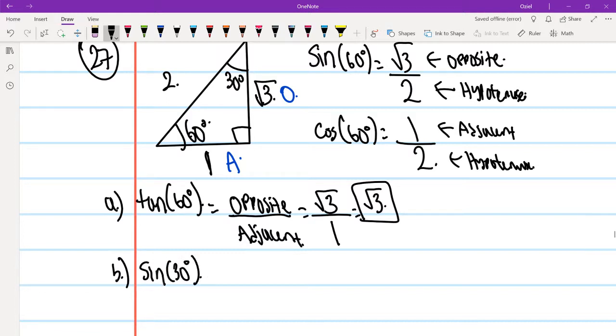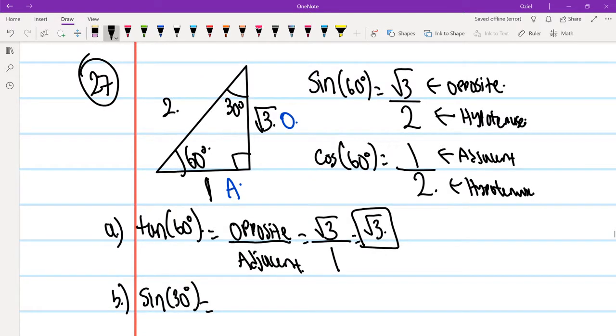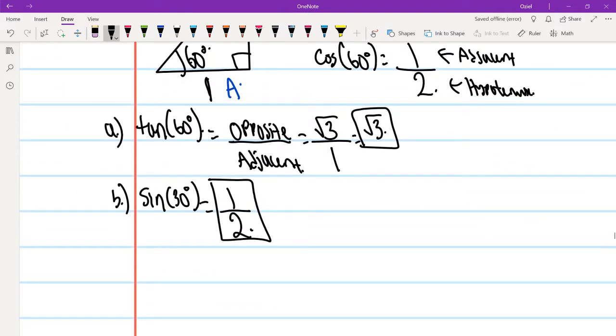So you would look at your triangle again, and you would say it would be opposite over hypotenuse, so you would say 1/2, and that would be your sine of 30 degrees.